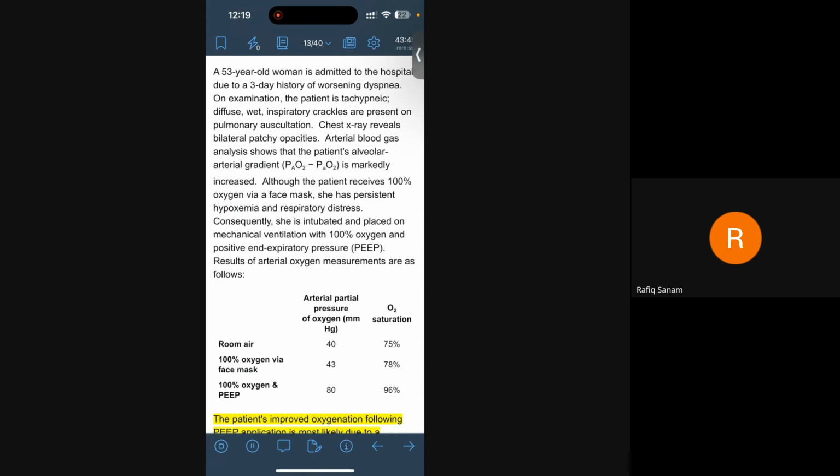A 53-year-old with worsening dyspnea, tachypnea, and diffuse wet crackles.